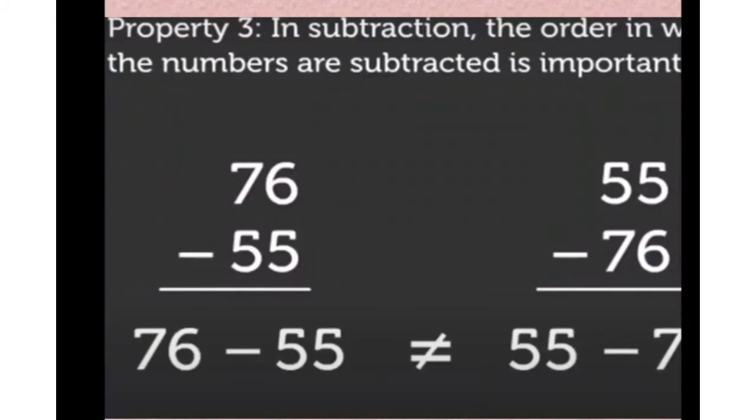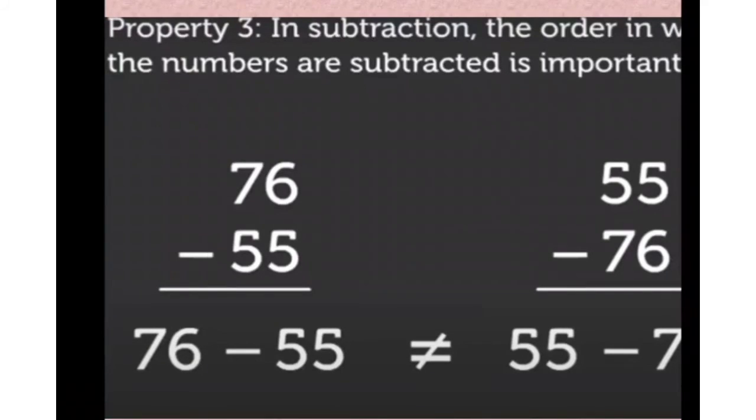When we covered the properties of addition, I told you that in addition the order of numbers is not important. Whatever order we want, we can write it and the answer remains the same in both conditions. But in subtraction, the order in which the numbers are subtracted is very, very important. In front of you, you have one example, 76 minus 55, and another example, 55 minus 76.